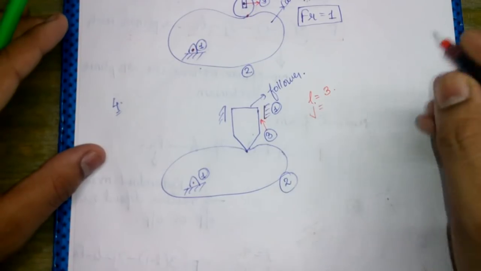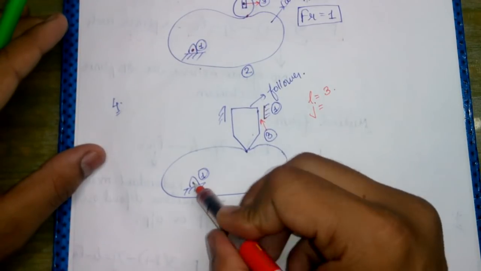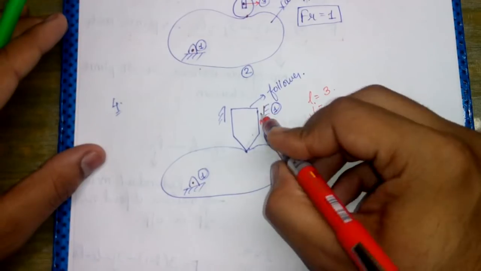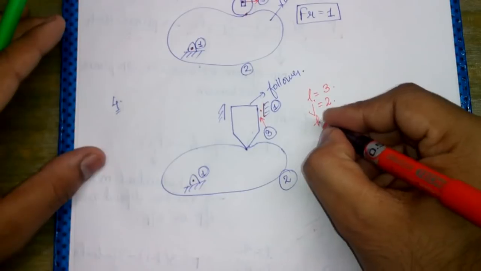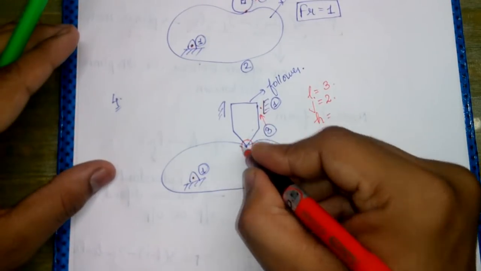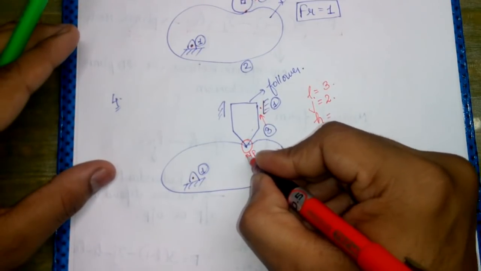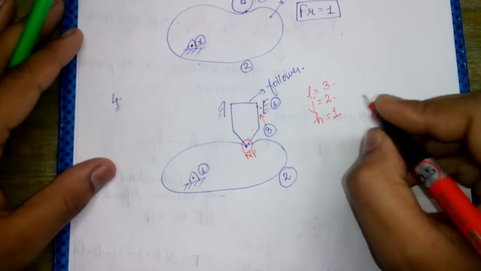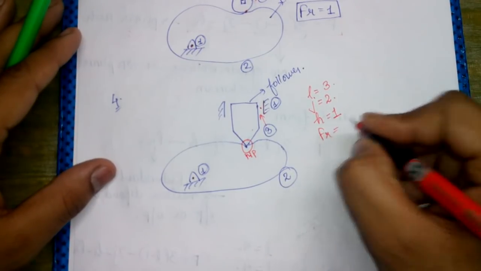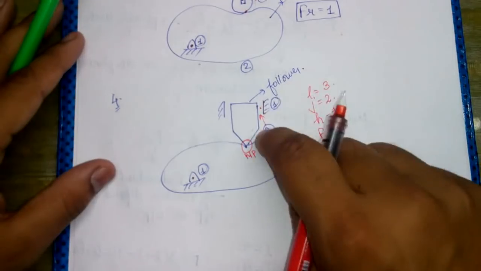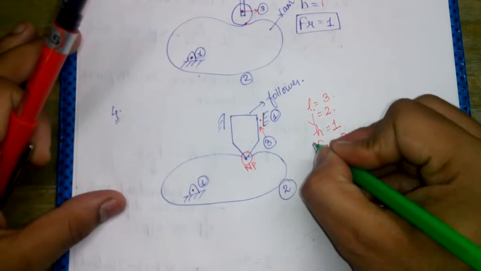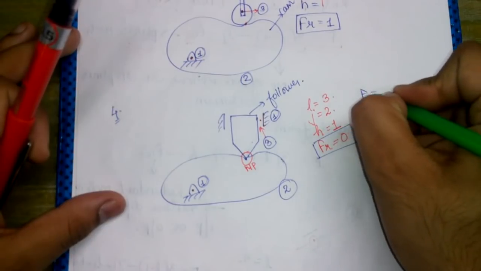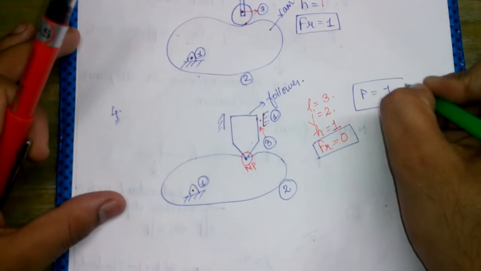The number of joints present: one joint here and another joint here, so the number of binary joints is 2. Here we have a higher pair, so the higher pair is 1. FR, redundant motion, is 0. If we find the degree of freedom, it still comes out to be 1.